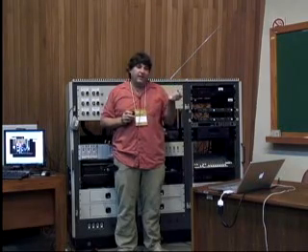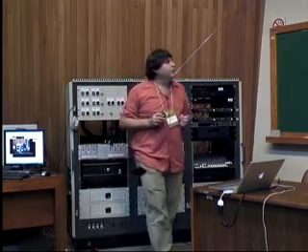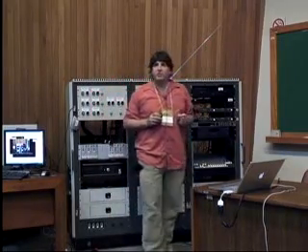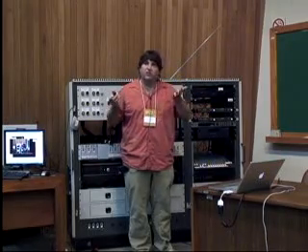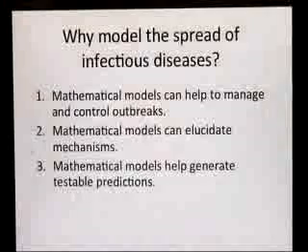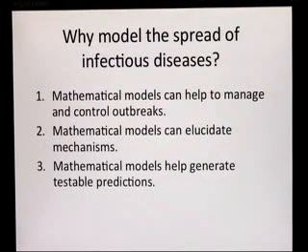Now, it's essentially impossible to see this fact from data. So I'm going to present this very clearly, but this is a very nice application of a mathematical model to show a mechanism that you're very likely not going to see any other way. Okay, three, mathematical models help generate testable predictions.